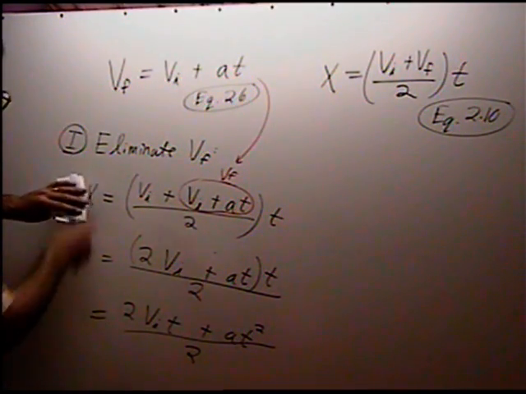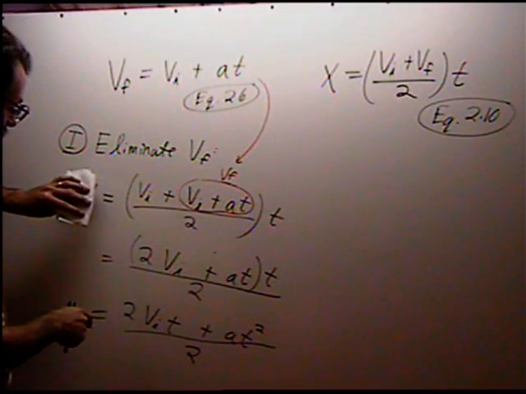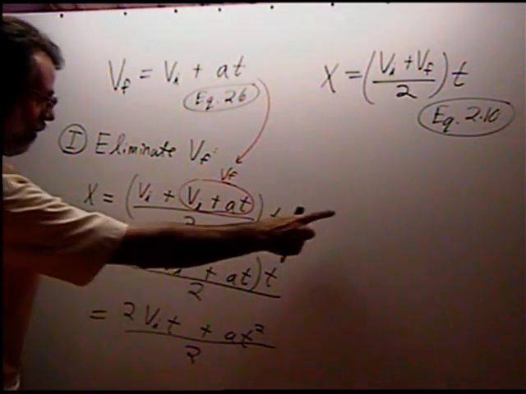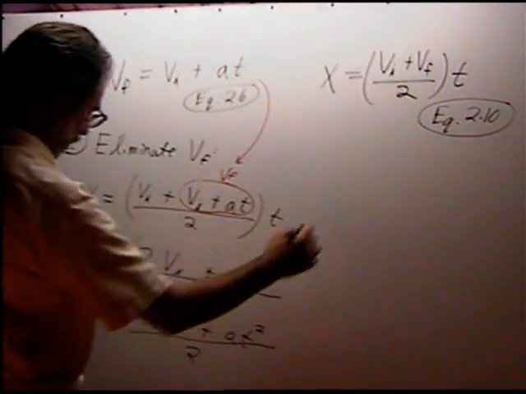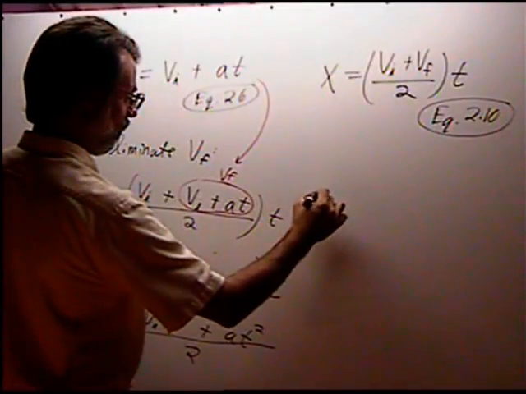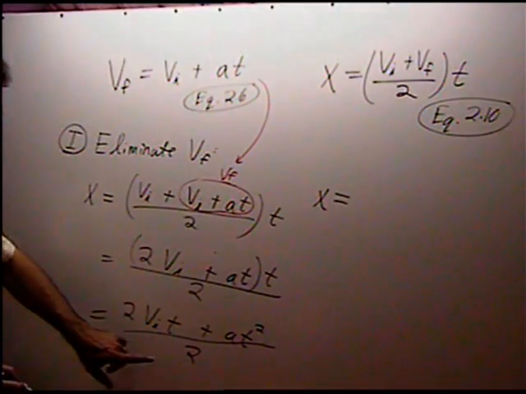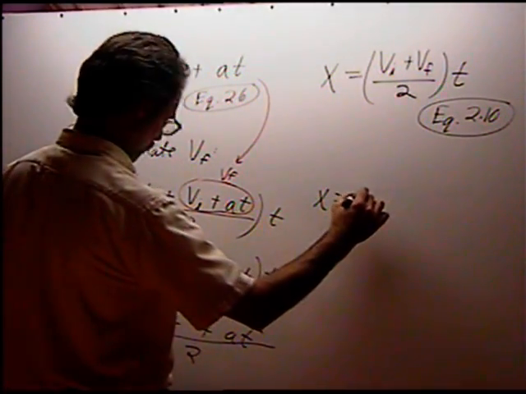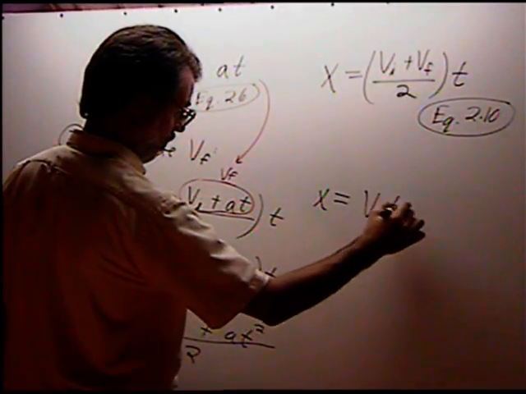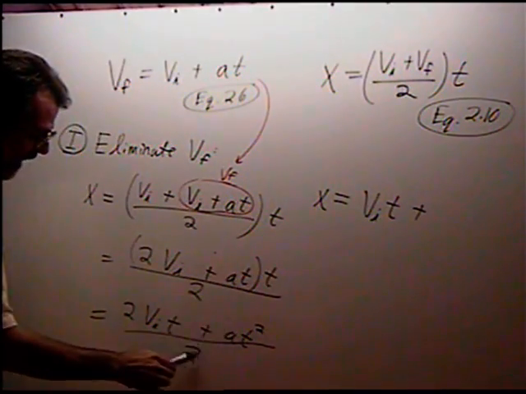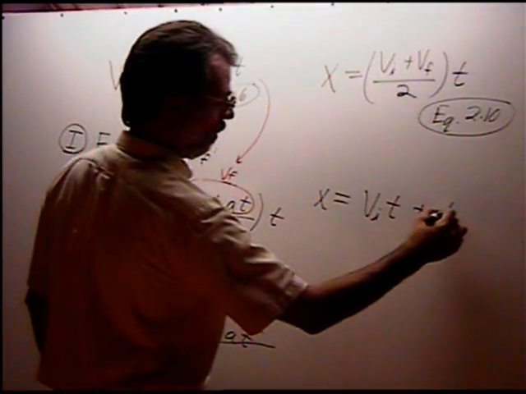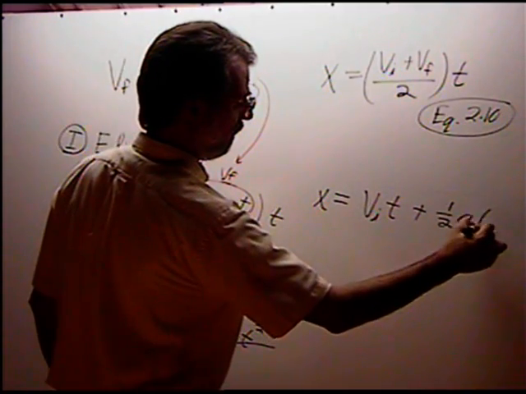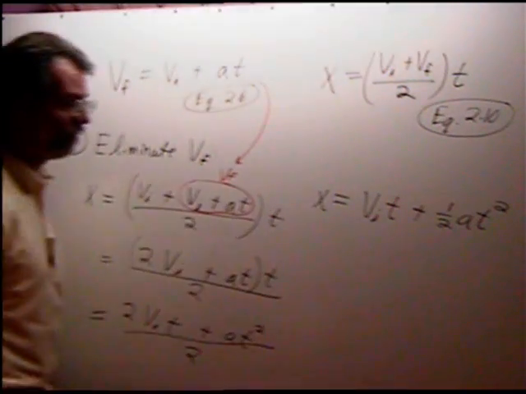And I'm going to say x equals, now I'm going to divide by 2. So this 2 cancels out 2, and I get the initial velocity times time plus 1/2 AT squared.